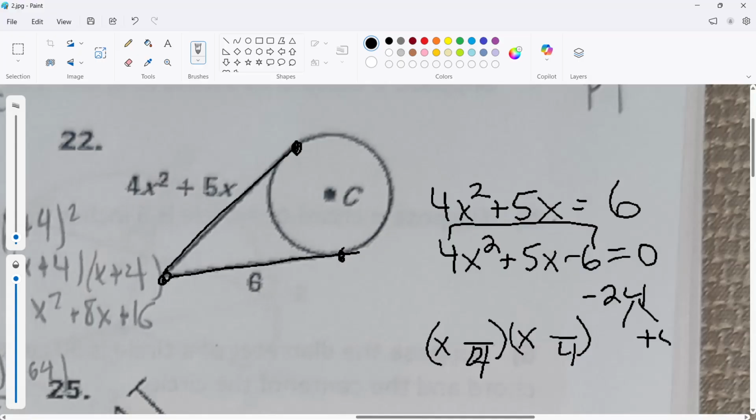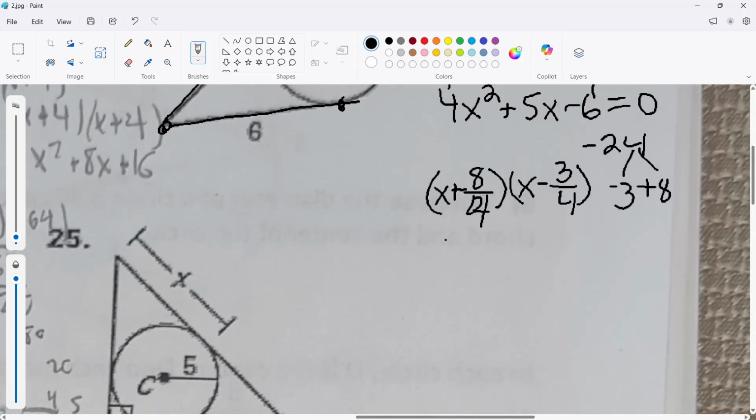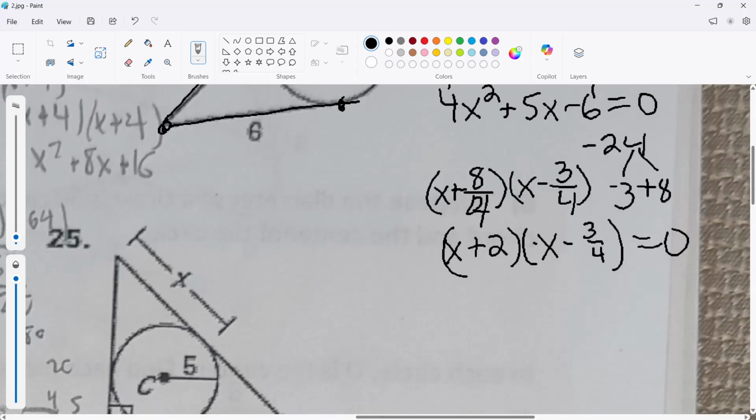Positive 8, negative 3, plus 8 over 4, minus 3 over 4. 8 over 4 is 2, so this is x plus 2 times x minus 3/4. And I could put that 4 back by the x, but I'm going to solve this for x, so I'm not going to do that. X equals negative 2, and x equals 3/4.